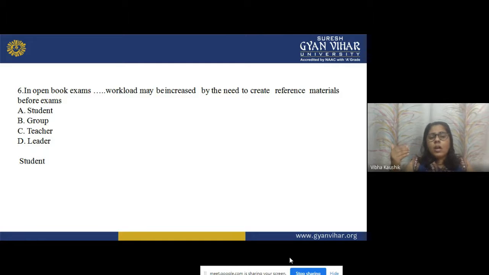You have to select the correct option from the given choices, and the correct answer is students, as the student has to create the reference material before the exam, so the workload of the students increases when we are talking about the open book exam.